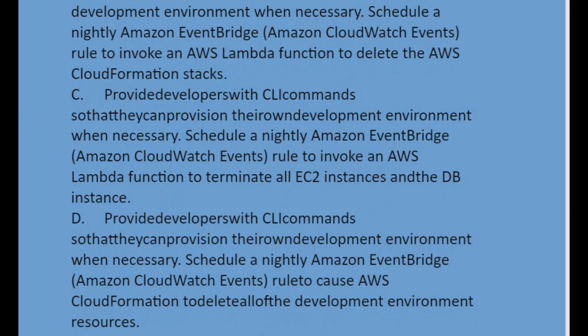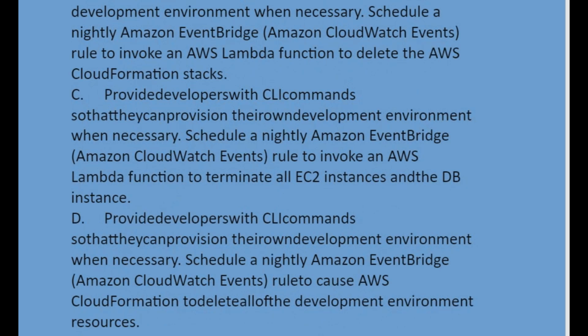Option C. Provide developers with CLI commands so that they can provision their own development environment when necessary. Schedule a nightly Amazon EventBridge (Amazon CloudWatch Events) rule to invoke an AWS Lambda function to terminate all EC2 instances and the DB instance.